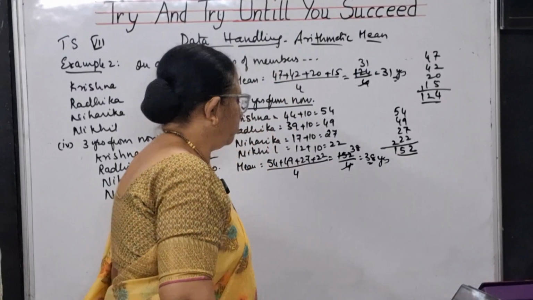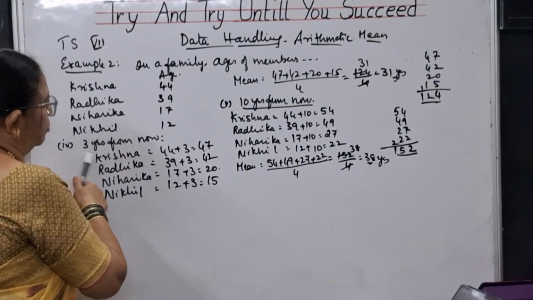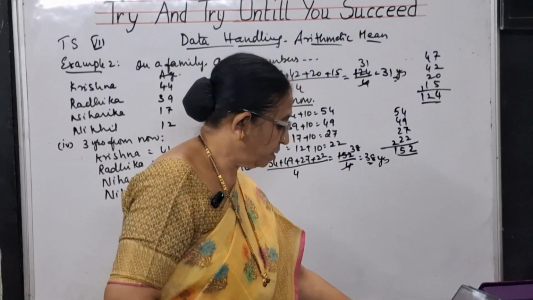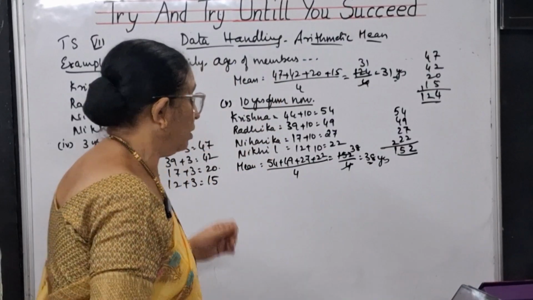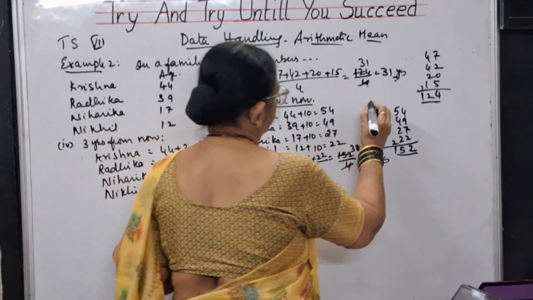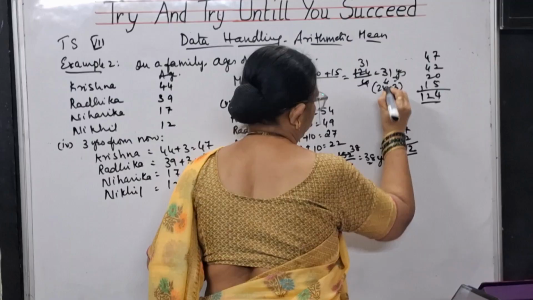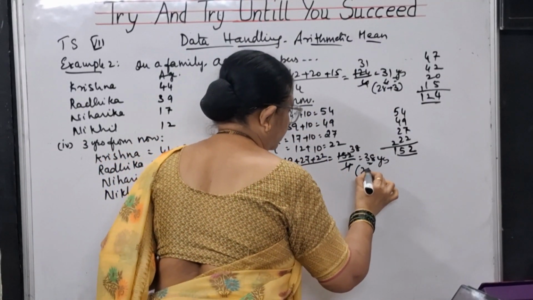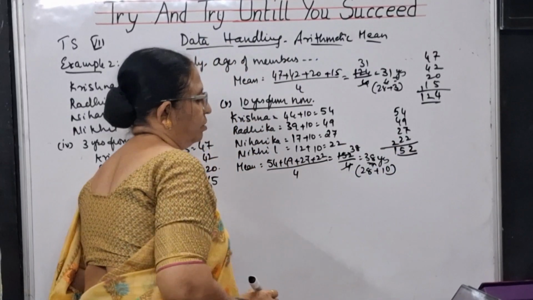Now, with the help of this, what you are understanding, children, 3 years means what is earlier age? Earlier age you have got 28 years. 28 plus 3 can be considered as 31 years. And 10 years from now is 28 plus 10 is 38 years.